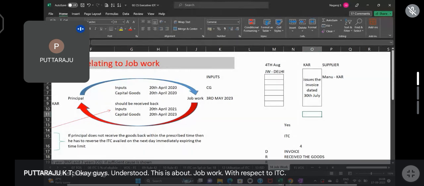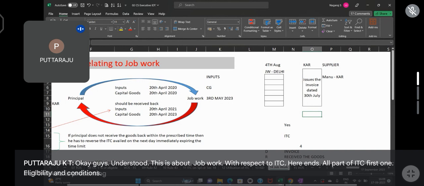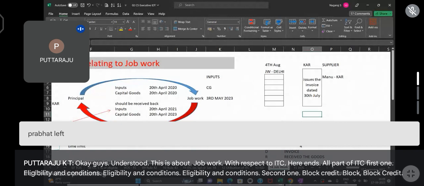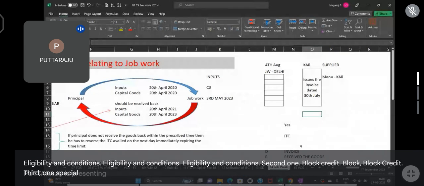Here ends all part of ITC. First one, eligibility and condition. Second one, block credit. Third one, special cases.